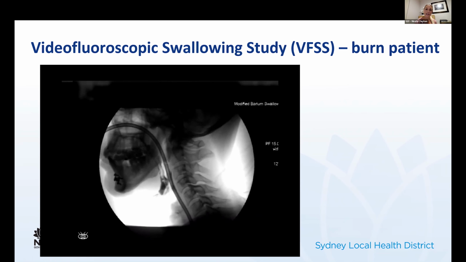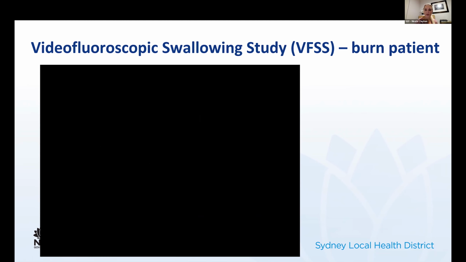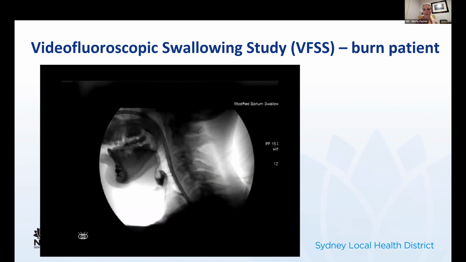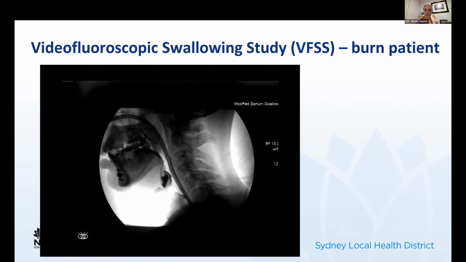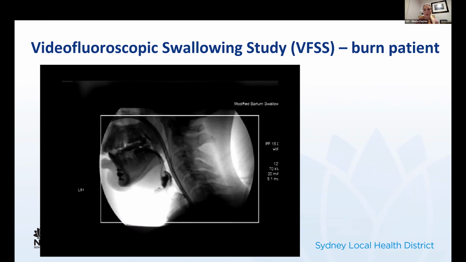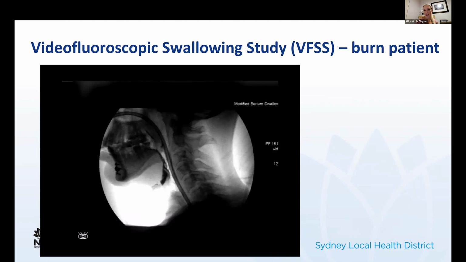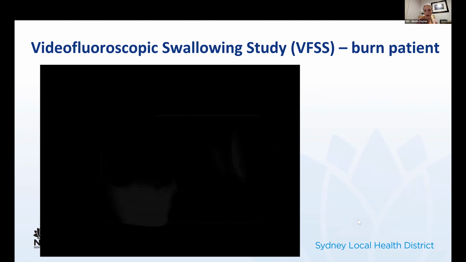You can really see that reduced base of tongue strength, the reduced propulsion of the bolus through the pharynx, and as a result, you're getting significant retention at the level of the base of tongue and vallecula. You've also got impaired higher laryngeal movement with impaired airway closure at the height of the swallow, which is resulting in penetration of material. You can see it seeping down the posterior aspect of the epiglottis down towards the airway.